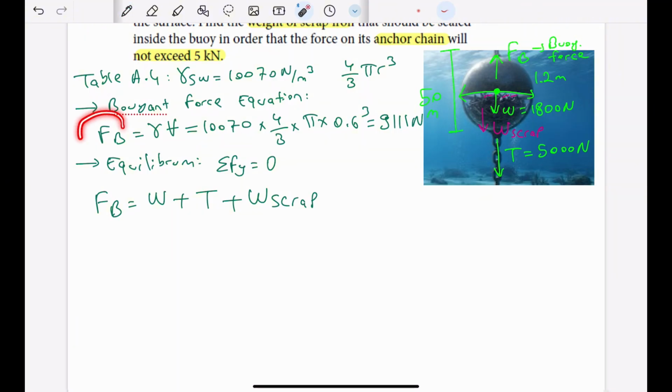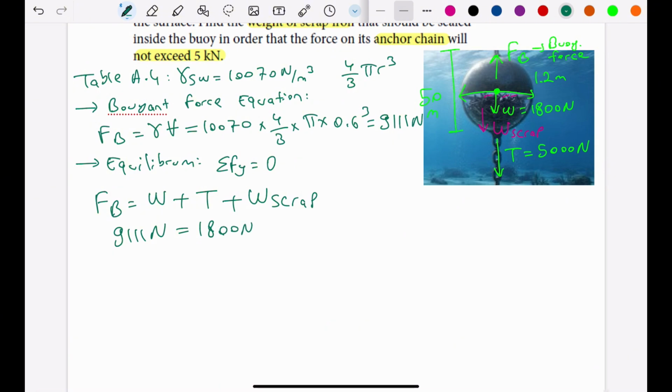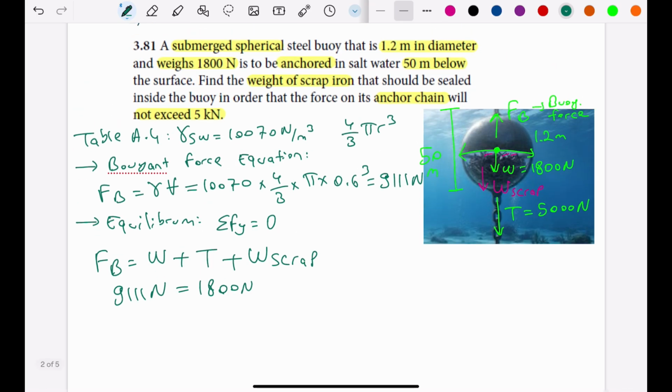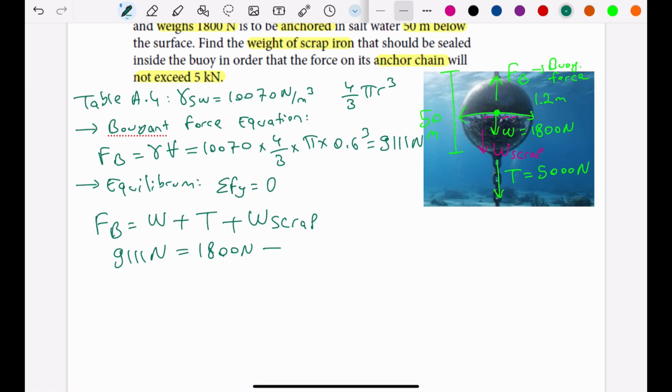In the first step, we actually calculated buoyancy force. So it is 911 Newton is equal to 1.8 thousand Newton, which is coming from the weight of the buoy. So T should be equal 5 kilonewton.